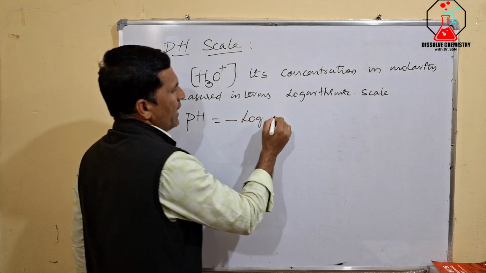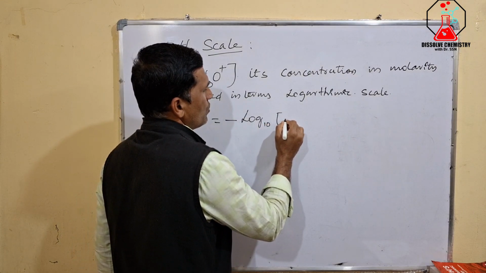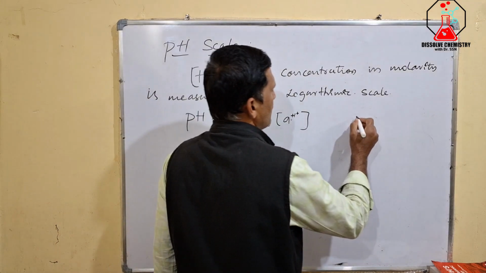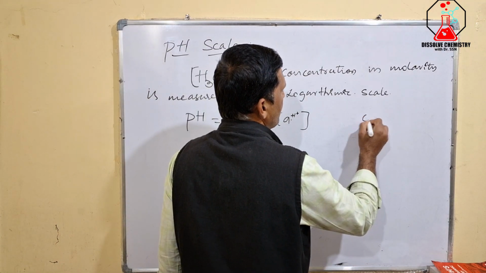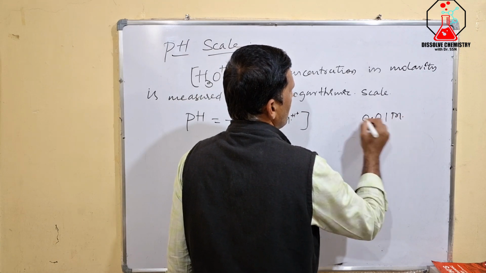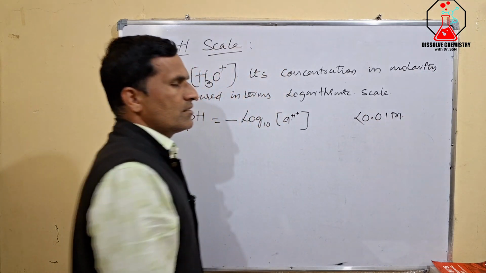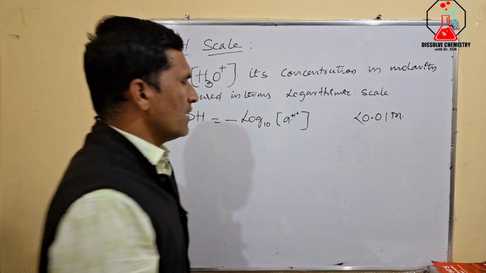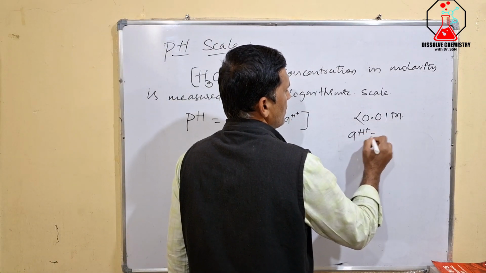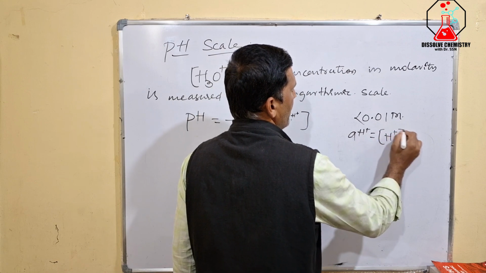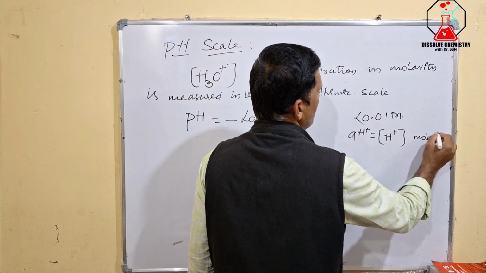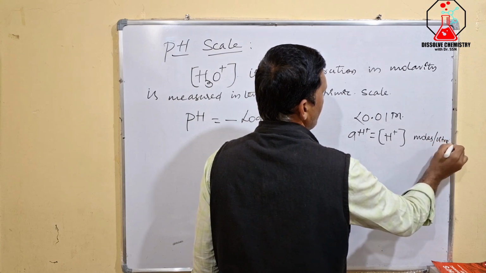The activity of a hydrogen ion is used to define it, but when the concentration of H plus ion is less than 0.01 mole, the activity is always equal to the molar concentration of H plus, that is moles per liter.